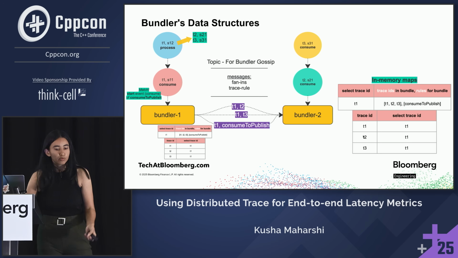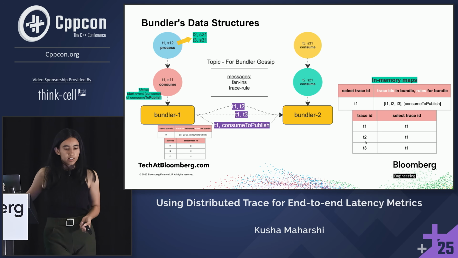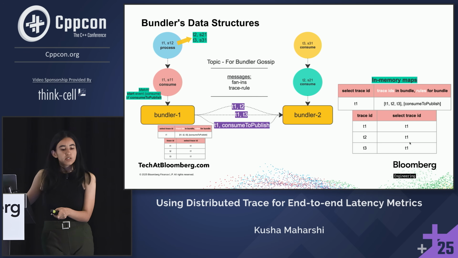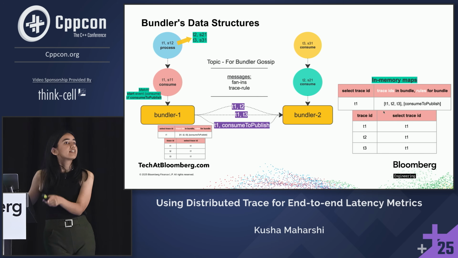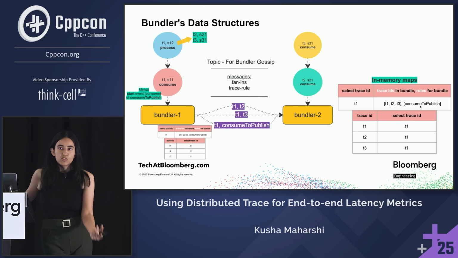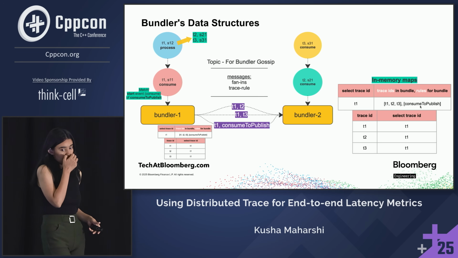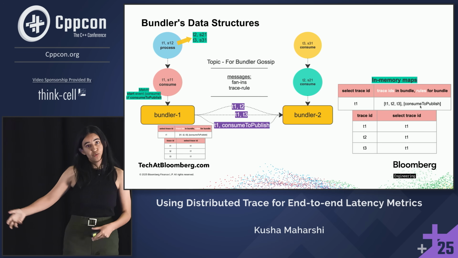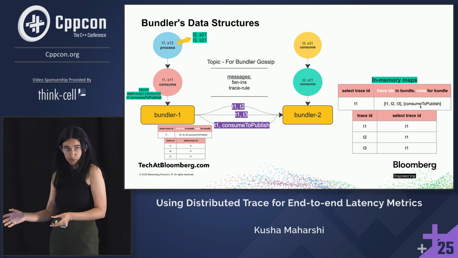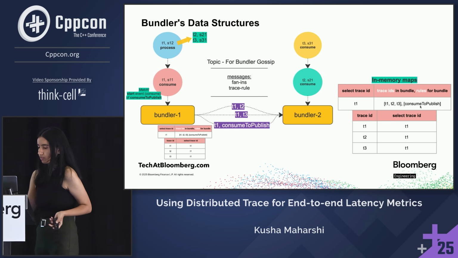If a span from T2 comes in, I can be like, oh, I know that that maps to T1, and I know that the other traces in that bundle are T1, T2, T3, and I know that that matches the rule consume to publish. And then, if you recall, we can flush those spans out to the right partition, which is partitioned by rule in our output Kafka topic.